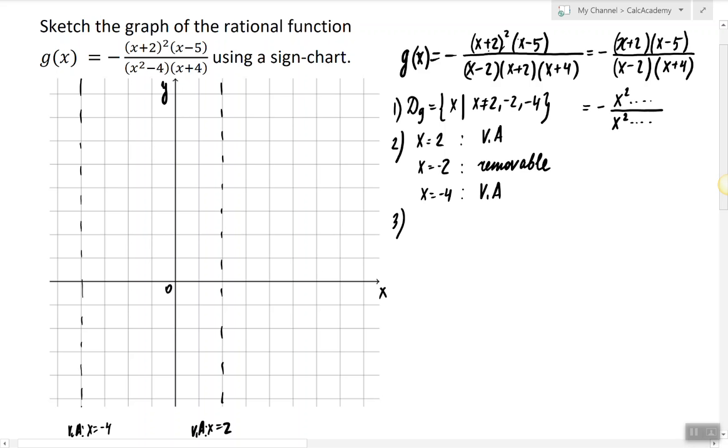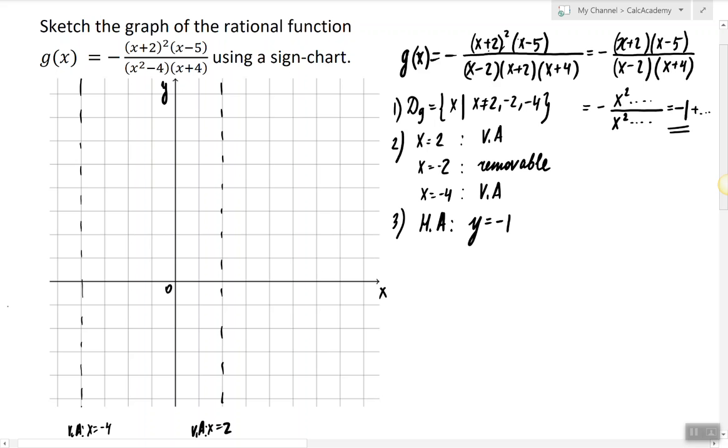Since we don't care about the remainder in that division, and only care about the quotient, it can be determined just by looking at the leading terms. So that means the horizontal asymptote of this function is y equals -1 because of this quotient.